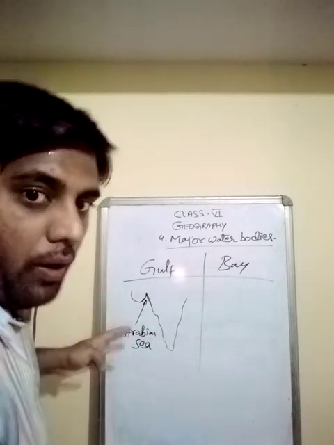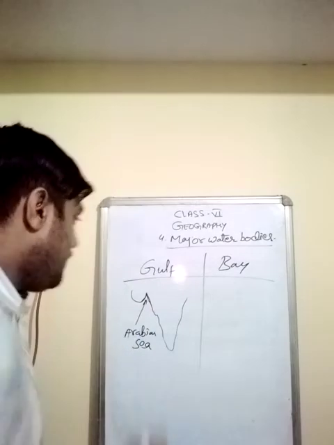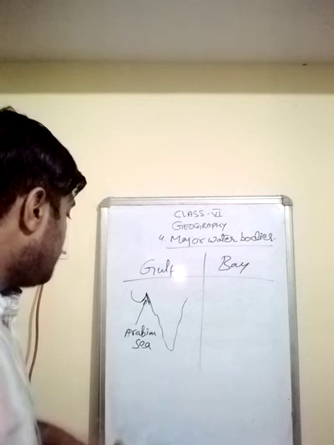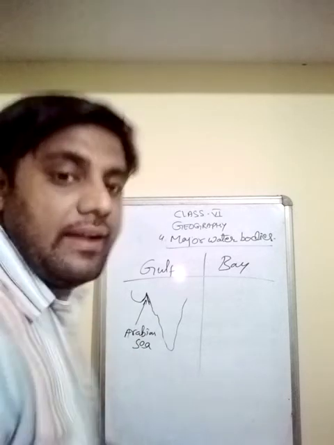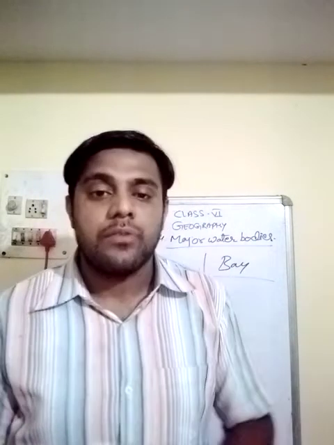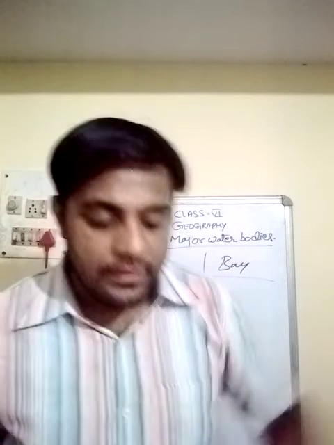Now, the water of the Arabian Sea goes a little bit inside the land because there is an opening out here. The inlet which allows the sea water to move into the land. These kinds of inlets are known as gulf. The small inlets of sea water into the land.